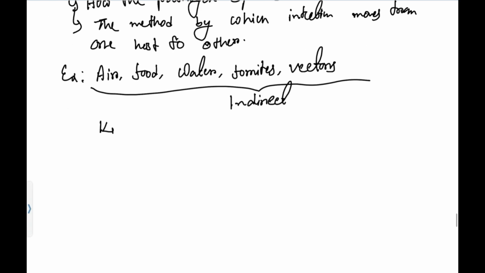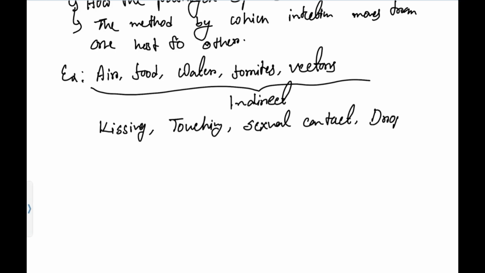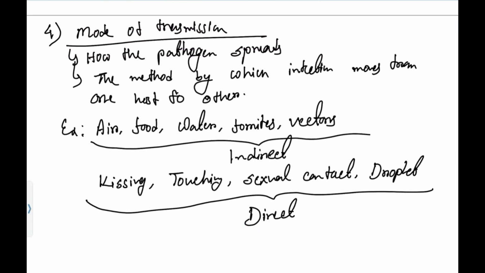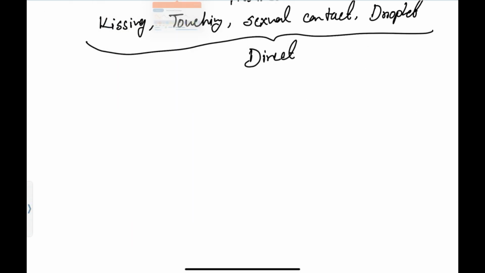Or else kissing, touching, sexual contact, or droplets are examples of direct modes of transmission. Those are all examples of modes of transmission, the method by which infection moves from one person to another. Now coming to the discussion of how to break this mode of transmission, how to break the chain.